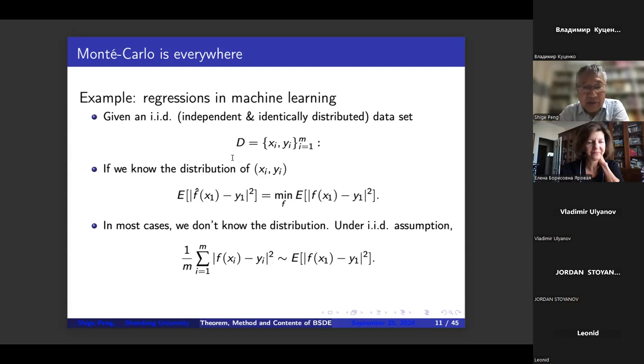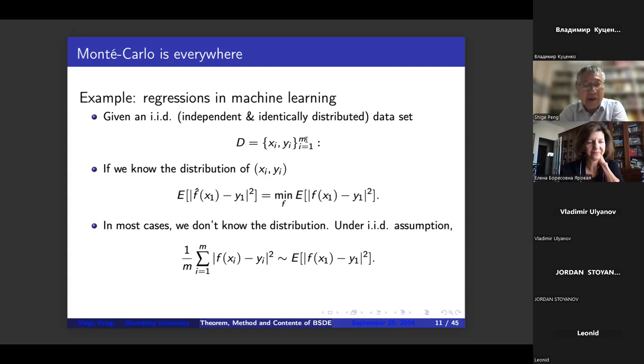But of course, no one believes this is true. In fact, we take many samples and ask if they are identical and independent. Many standard samples, but the answer is no. It's still far from IID.